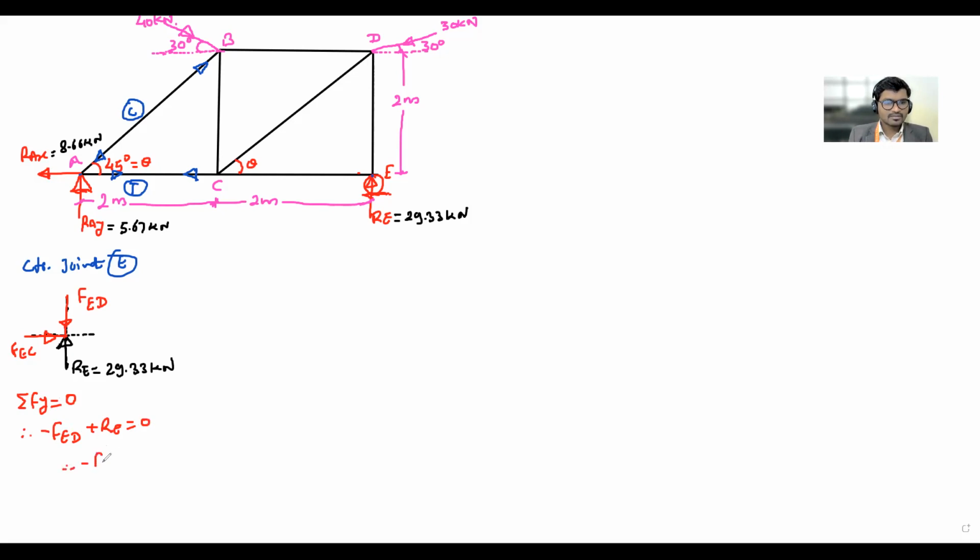That is, minus FED equals minus RE. Both are minus, so it becomes plus. So FED equals RE, which we know is 29.33 kilonewtons. The answer is positive, which means the assumed direction of ED is correct. So transfer that direction of ED.